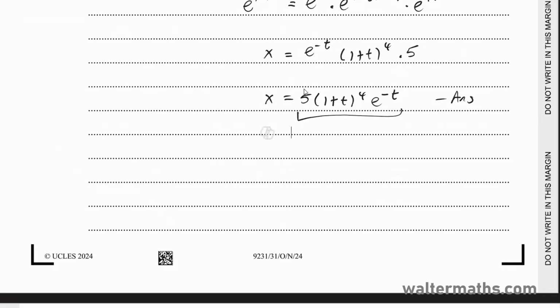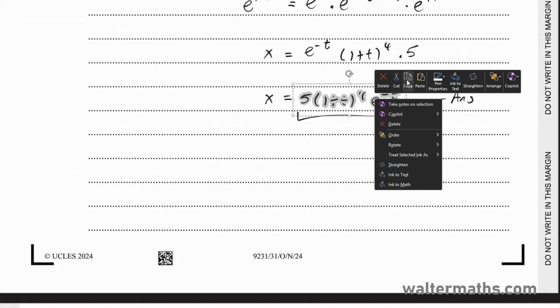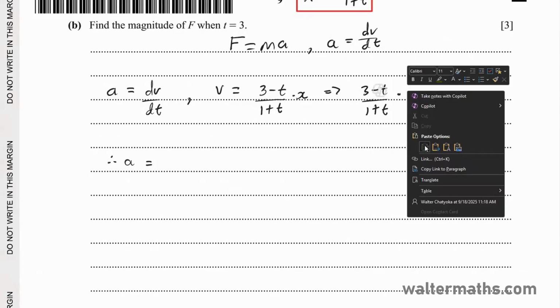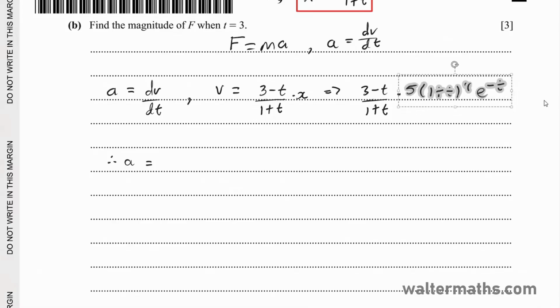So we're going to just make use of what we got x to be, for the sake of homogeneity in the variables. So this is actually what we're working with, right? And this is actually 3 minus t. We have a 5 here, right? So we have (1 plus t) to the power 3 times e to the negative t. Okay, so that's what we are differentiating, because this is actually v.